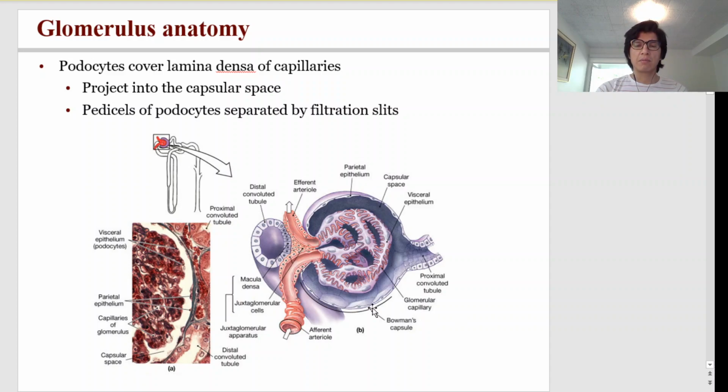Let's look at the workforce of the nephron filtration. This is the glomerulus, the renal corpuscle. Specifically, we're going to focus on the glomerulus. This capillary bed is composed of the afferent arteriole and eventually leads through the efferent arteriole.